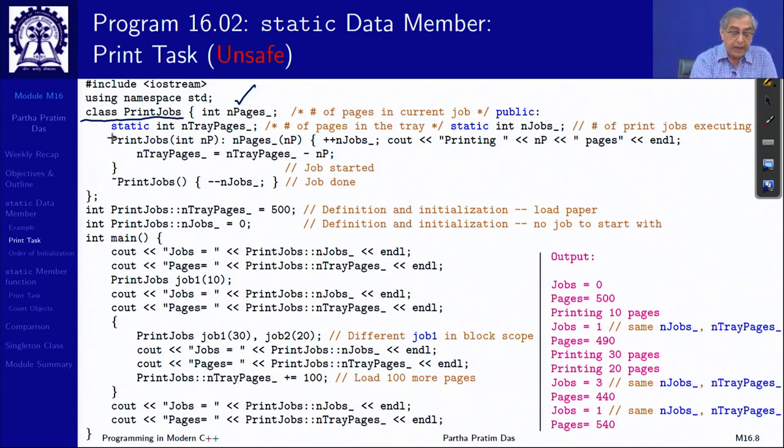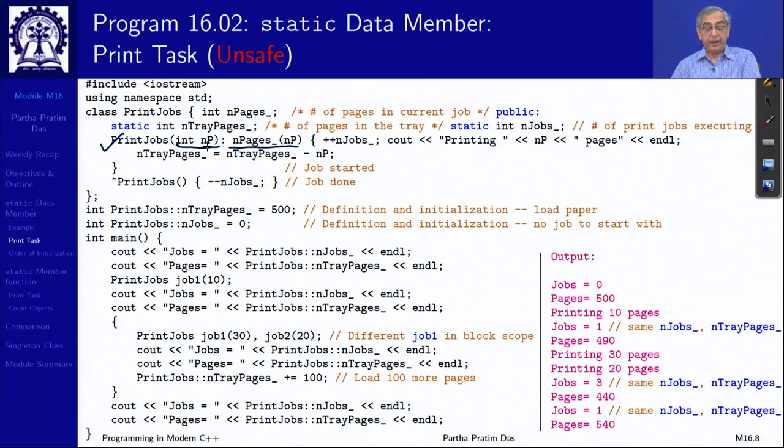Then in public I have two static data members, which is n tray pages, that is how many pages are there in the tray, and another is n jobs, which says how many jobs have been put to the printer.